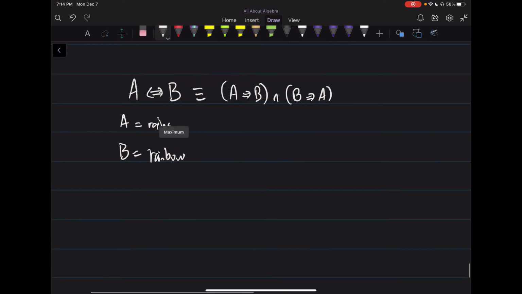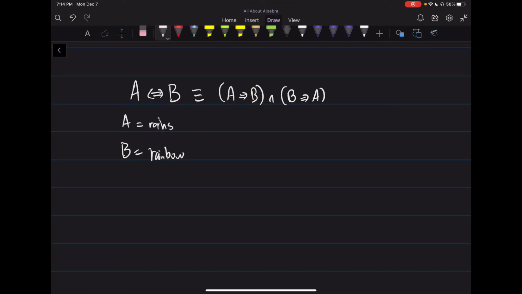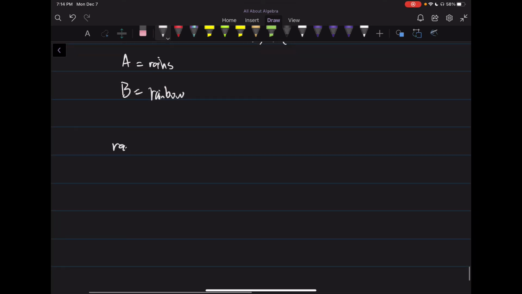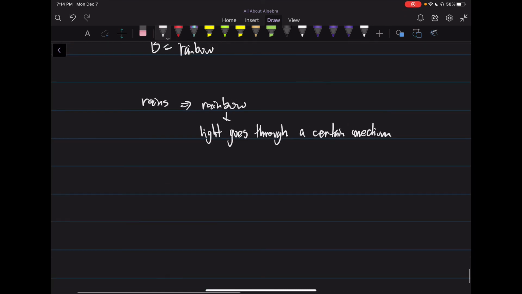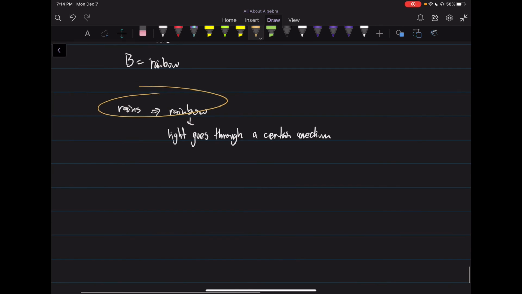I have to prove, if it rains, does it imply that there's a rainbow? Well, what is a rainbow? Light goes through a certain medium, in this case, water. So yeah, we can say that every time it rains, there will be a rainbow.